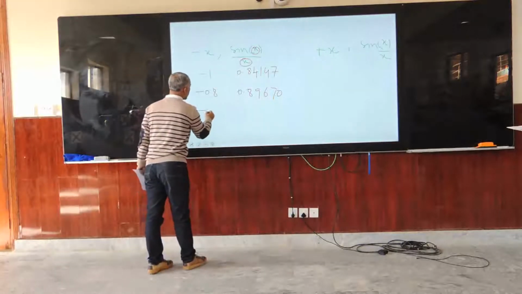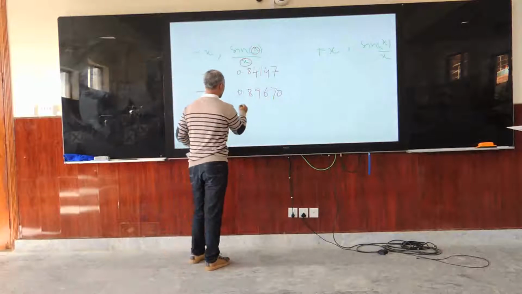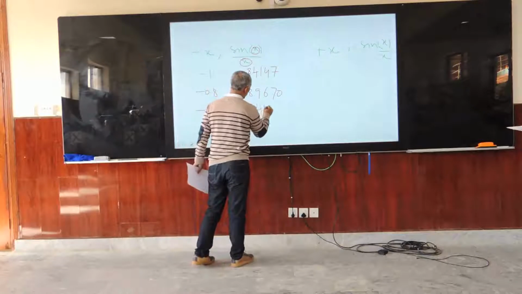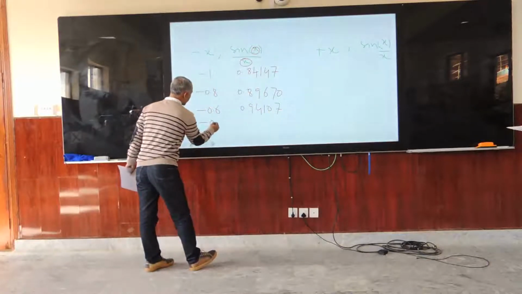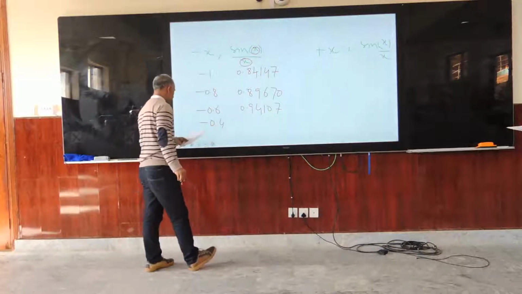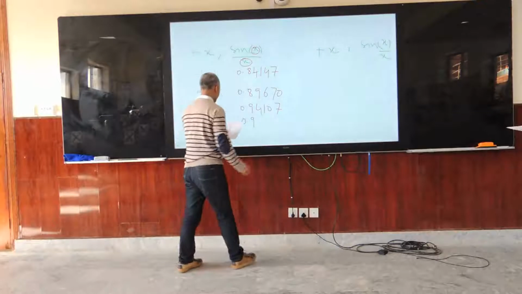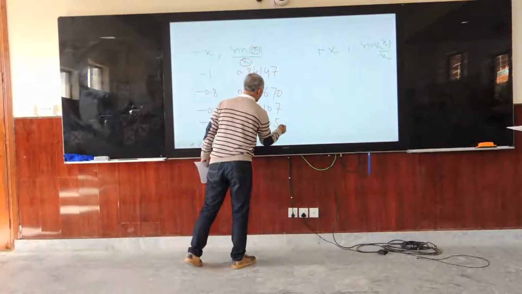For 0.6 we get 0.94107. For 0.4 we get 0.97355.